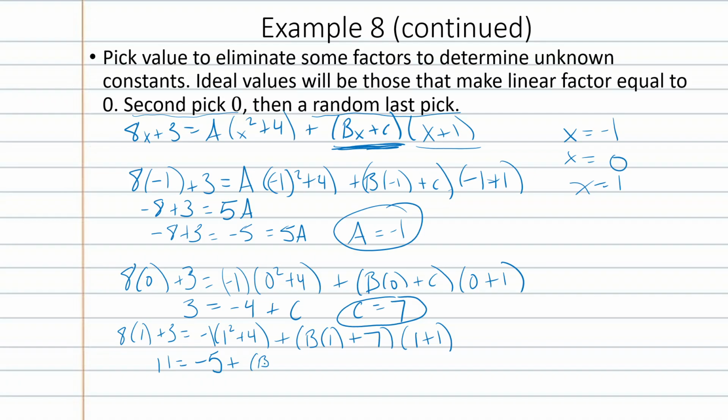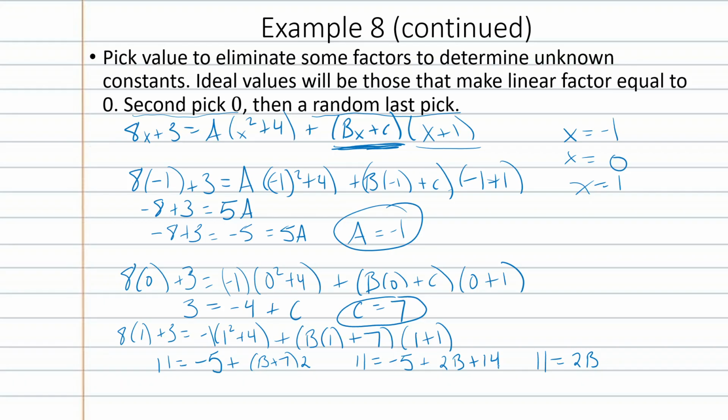Kind of got to leave that alone now. And then 1 plus 1 is 2. So this simplifies down to 11 equals negative 5, plus b plus 7 times 2. I'm going to distribute that 2. So plus 2b plus 14.